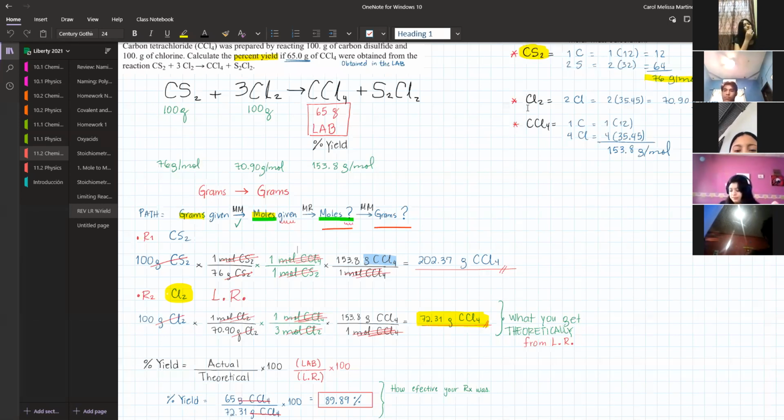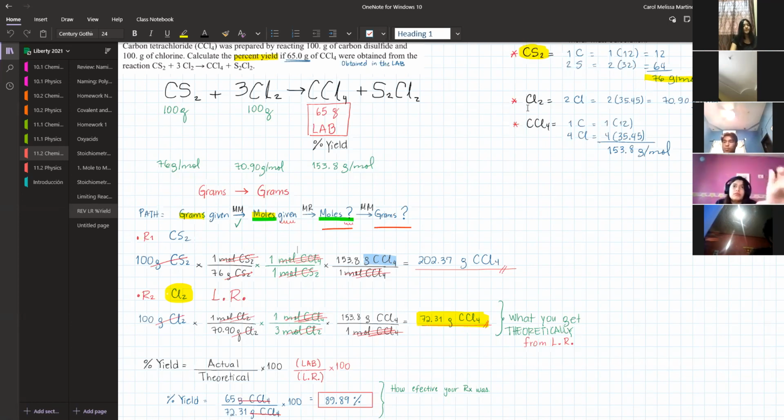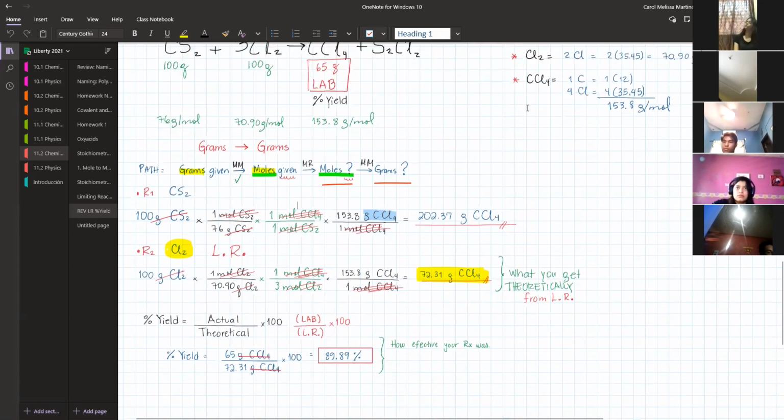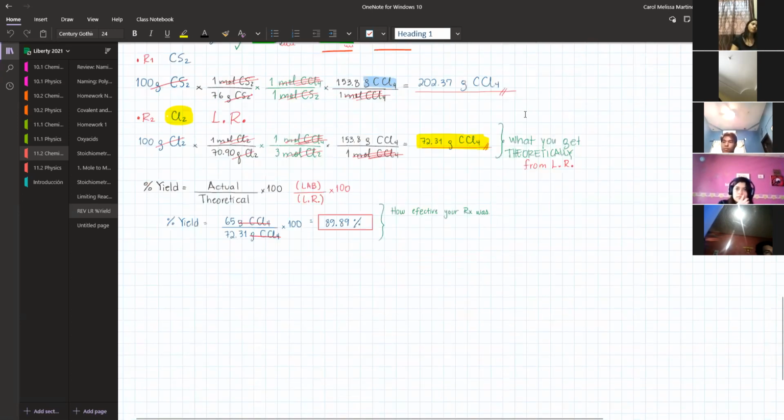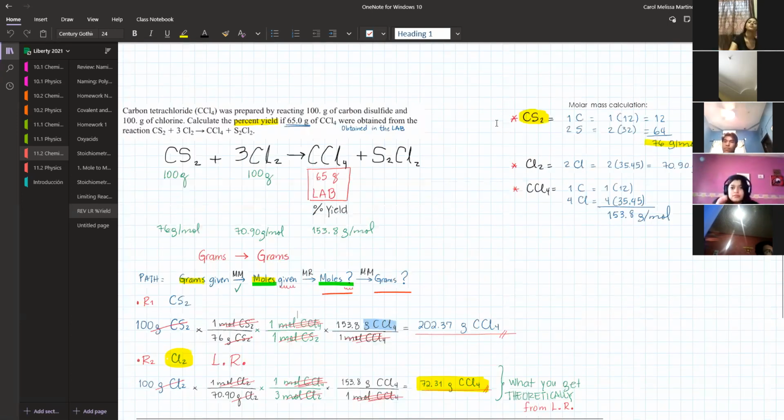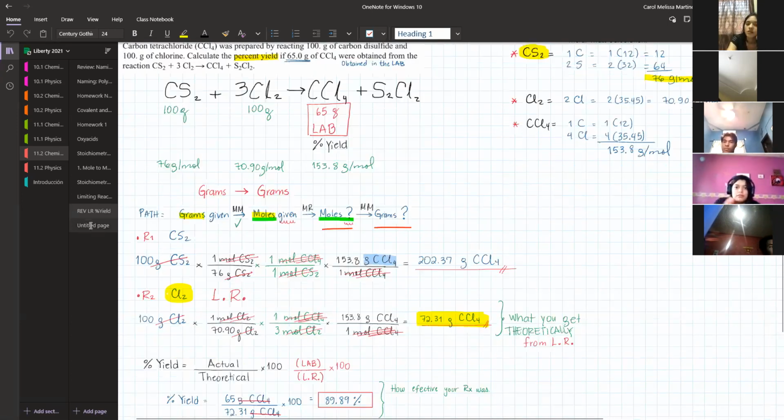So this is a whole concept, whole process. And of course, you will do this kind of exercises as part of your exposition for the week 9. And this is it for this problem.